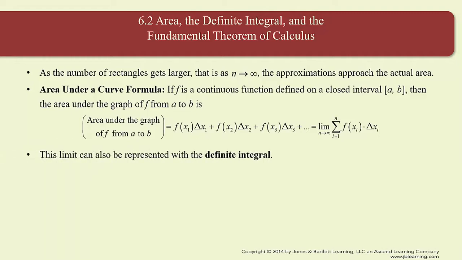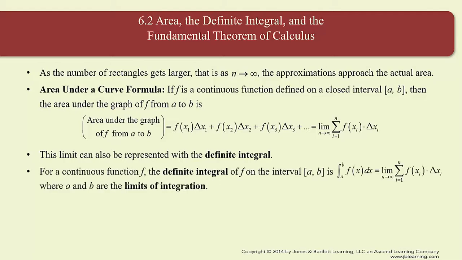Now it's much better to represent that limit of a sum with what is called a definite integral. So for a continuous function f, the definite integral of f on the interval [a, b] is, and we read that as, the integral from a to b of f of x dx.